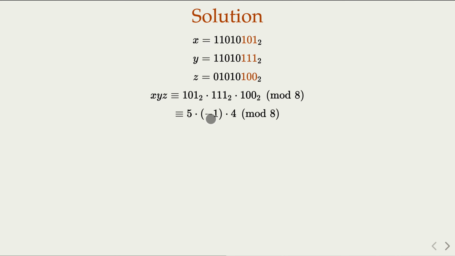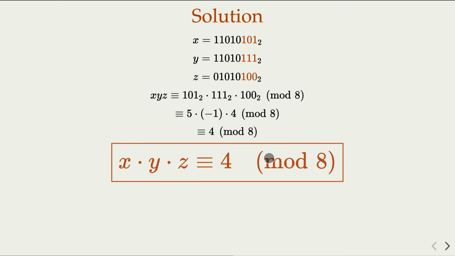Okay, so 5 times 7 is also negative 1 in mod 8, right? And times 4, this is going to be negative 20. Negative 20 is equivalent to what? You add a multiple of 8, add 24, it's going to be 4. So the final answer is that XYZ mod 8 is 4.